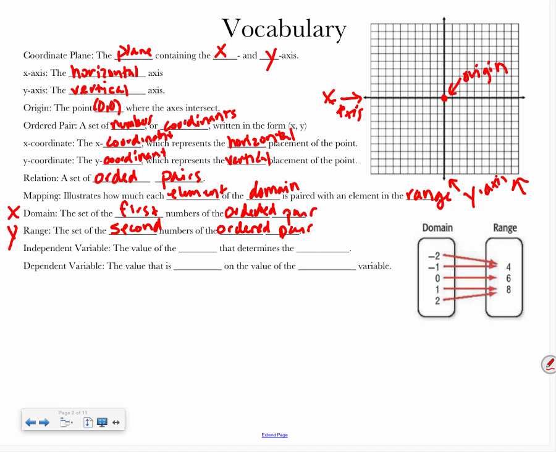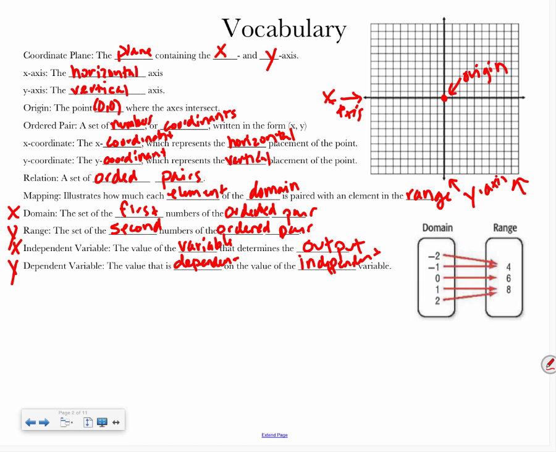An independent variable is the value of the variable that determines the output. Okay, your independent variable is going to be your x value, and your dependent is going to be your y value. A dependent variable is the value that is dependent on the value of the independent variable, okay?